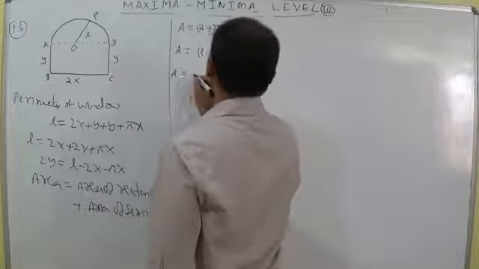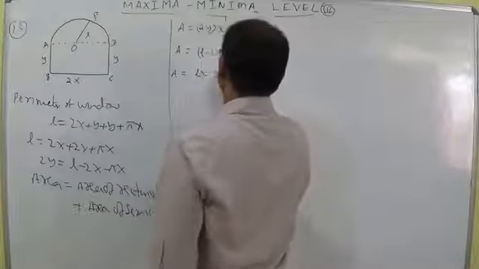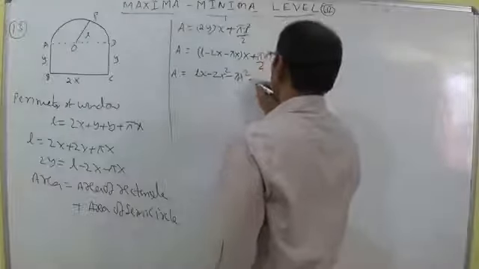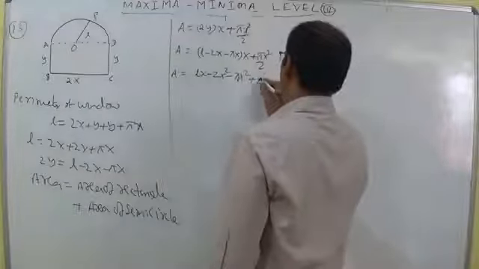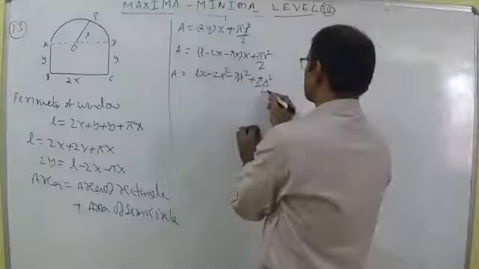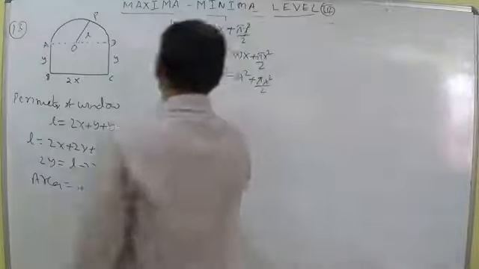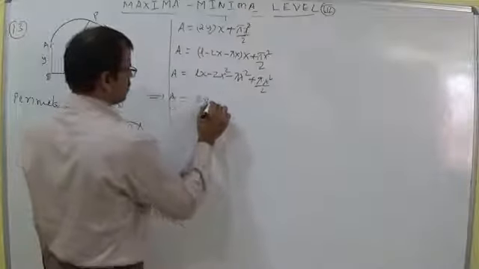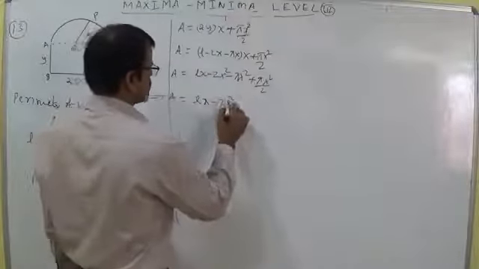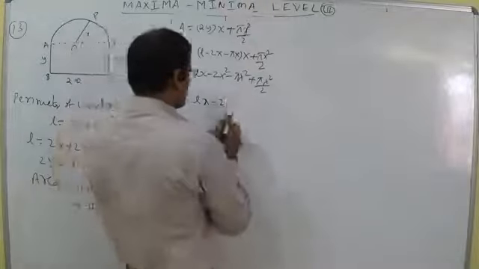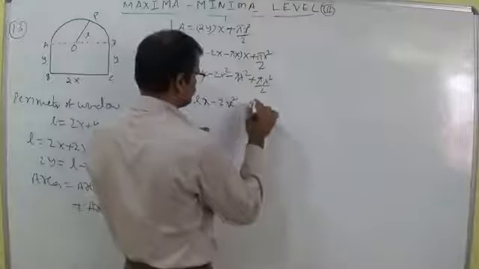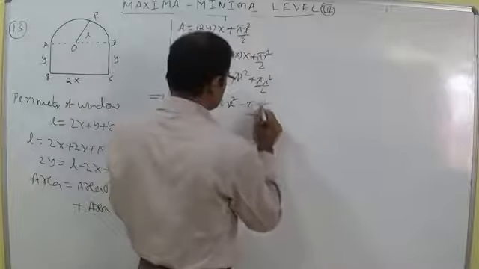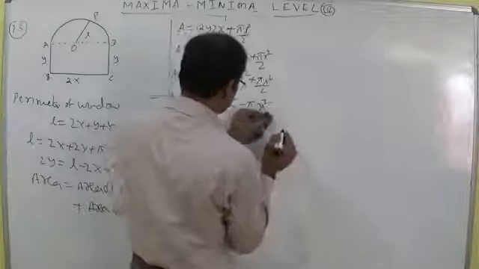Next step we can write here Lx minus 2x square minus pi x square plus pi x square by 2. That implies A is equal to Lx minus 2x square minus pi x square by 2.